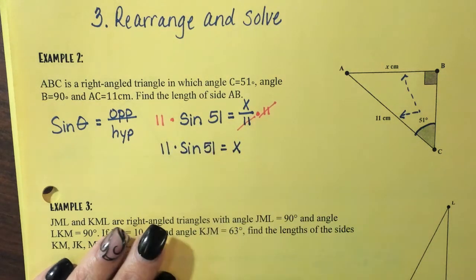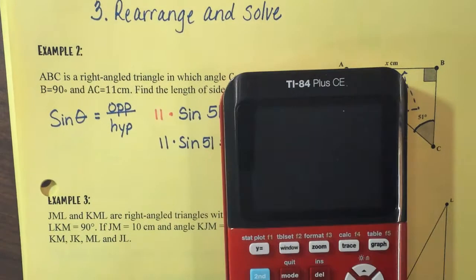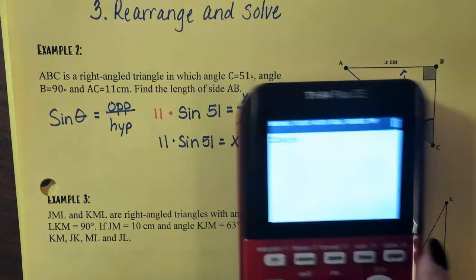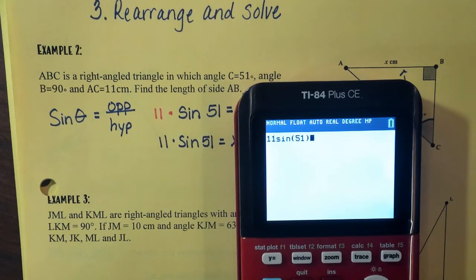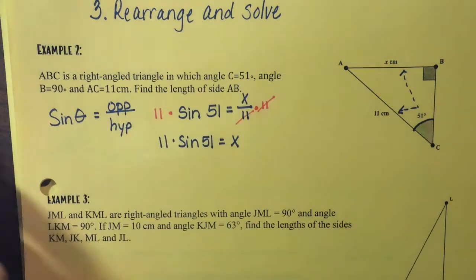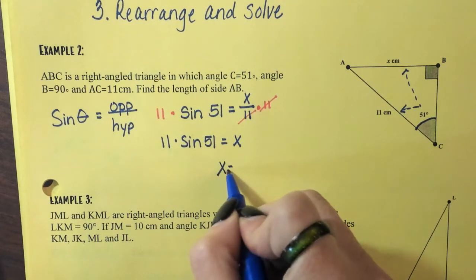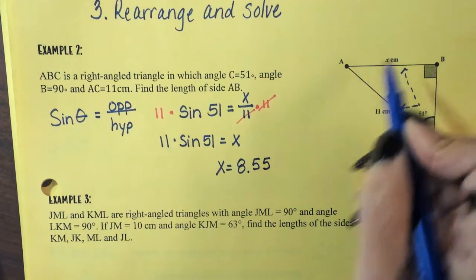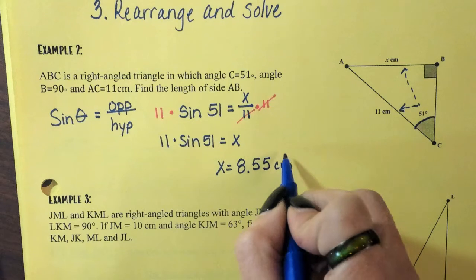So I'm going to say 11 sine 51, and I do remember that I am in degrees because I'm doing 51 degrees, and it's 8.548. 3 sig figs is 8.55. So x equals 8.55, and it's centimeters, and there's my answer.